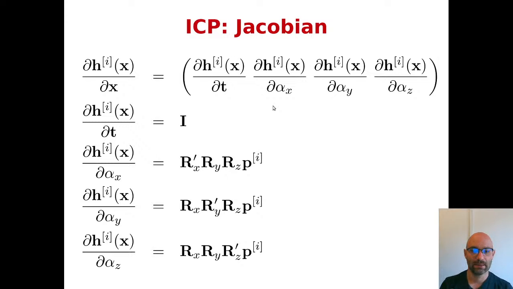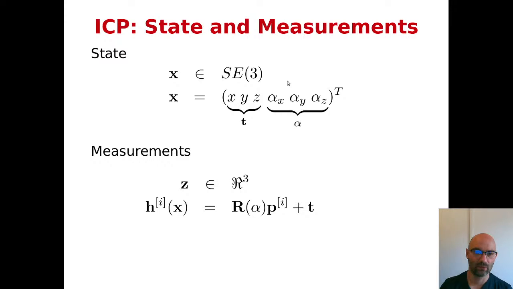Well, then in this case, to answer this question, I have to unwrap the definition of a rotation matrix, the one with Rx, Ry, and Rz. So let's go back again to our prediction function.